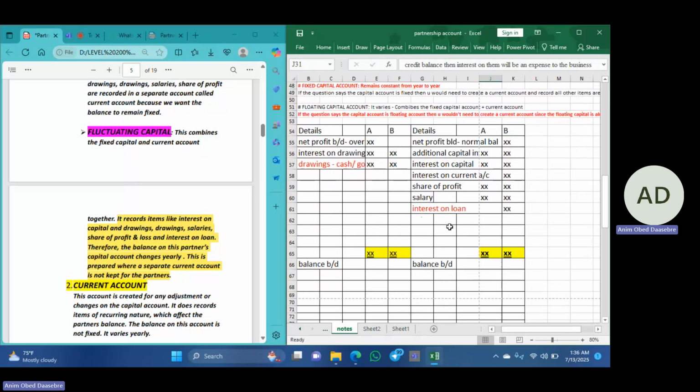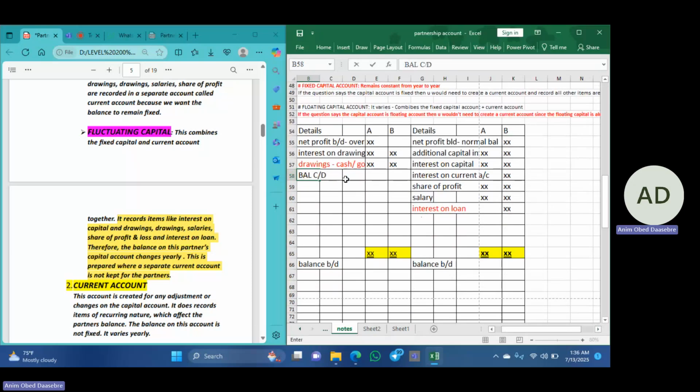If the debit side is the largest amount, you take the debit side as the totals for the accounts, so that you balance it as you already know, right? Then after you are done, the balance c/d can come here. Balance c/d can come on the debit side.